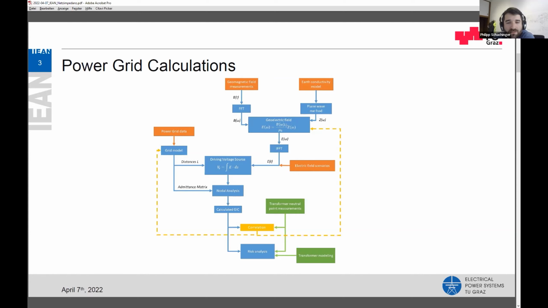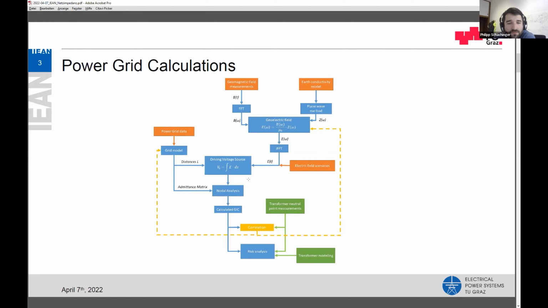However, it's good enough for our estimations. And with this electric field, together with power grid data, we calculate a driving voltage source. So it's basically a voltage difference between substations.